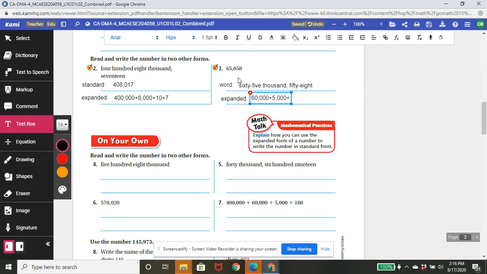There's nothing in the next column. My next column is a 5, and I'll turn the other digit into a 0. 5, 0. And then my last column has an 8. This is just another way of saying this digit is worth 60,000. This digit is worth 5,000. This digit is worth 50, and this digit is worth 8.